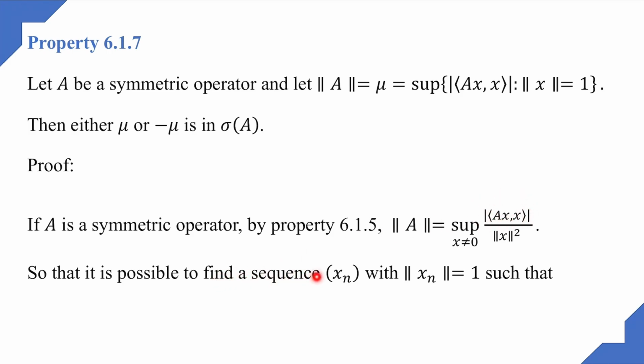So it is possible to find a sequence xn with norm of xn equal to 1 such that the absolute value of inner product Axn, xn converges to mu as n goes to infinity. By the supremum, if mu is the supremum of the set, it is possible to find a sequence in this collection which converges to mu.